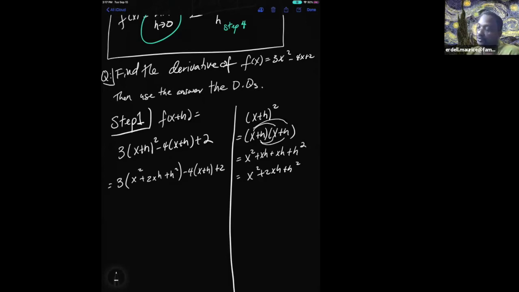I then distribute. 3 times x is 3x squared plus 6xh plus 3h squared minus 4x minus 4h plus 2. And that is the end because none of these terms are like terms. So that's the end of step number 1.